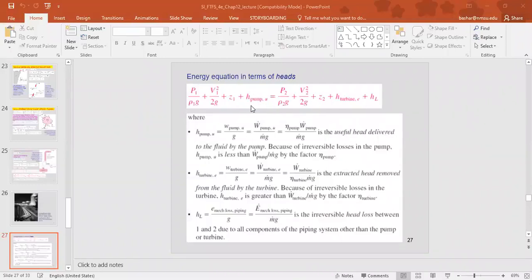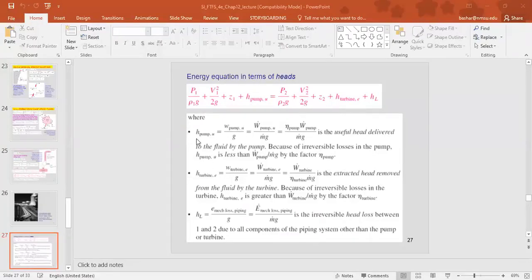Now, as we can see, the head form for the pump is called the useful pump head. The head term for the turbine is called the extracted turbine head, while the head term for the mechanical energy losses is called the head losses or the loss head.